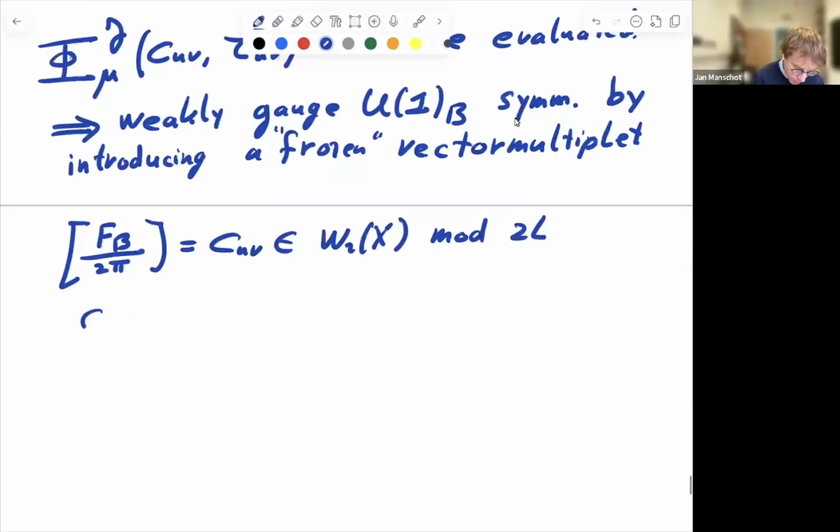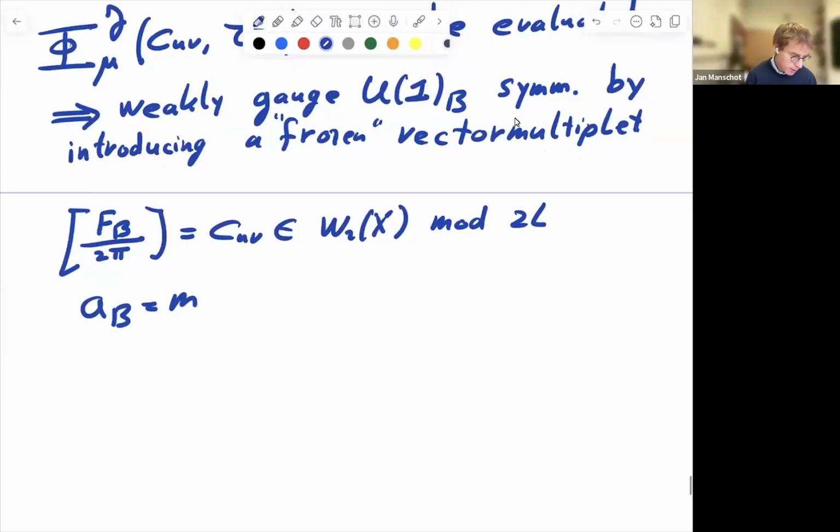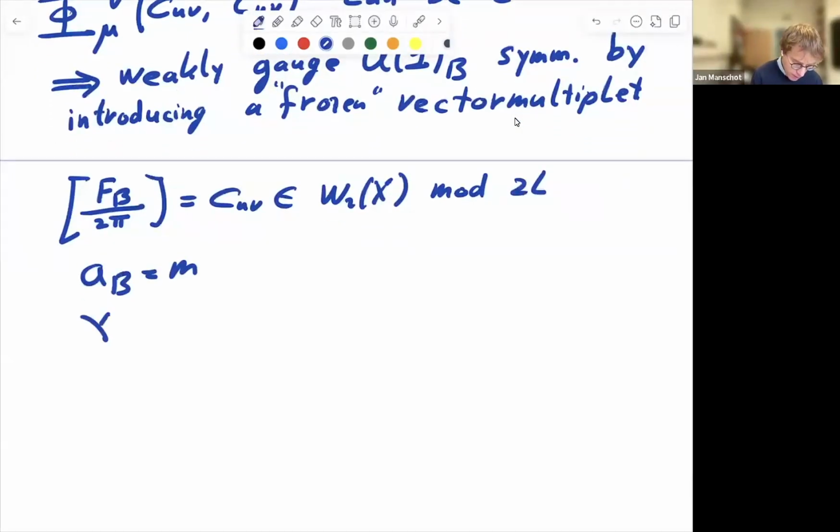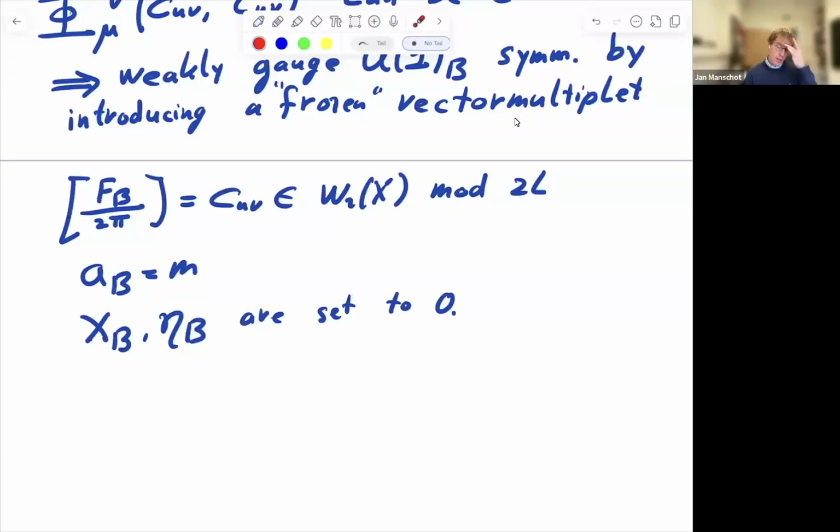The scalar field of this multiplet, a_B, is equal to the mass of the hypermultiplet. And the fermionic fields chi_B and eta_B are set to 0. These fields are not dynamical, but just specify fixed values, and the parameter is then in the Lagrangian.